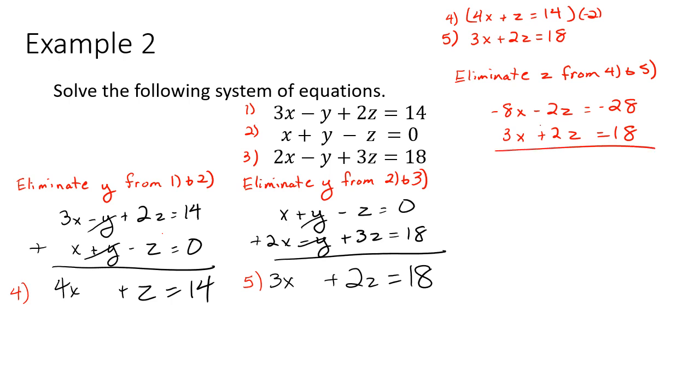And so if I add those together, that's going to give me a minus 5x. The z's cancel, and a negative 28 plus 18 would leave us with a negative 10. So if I divide both sides of this equation by negative 5, we have x is equal to 2.